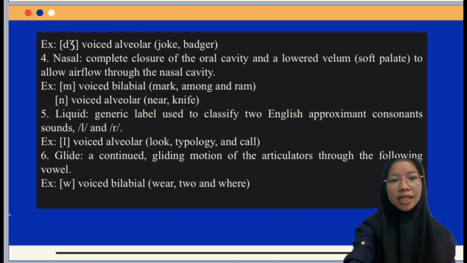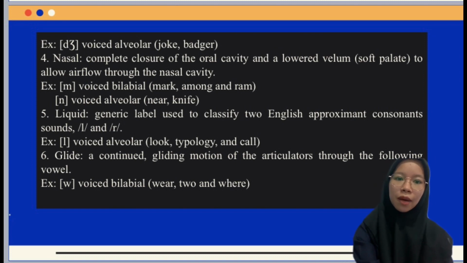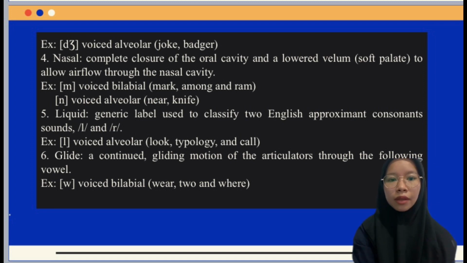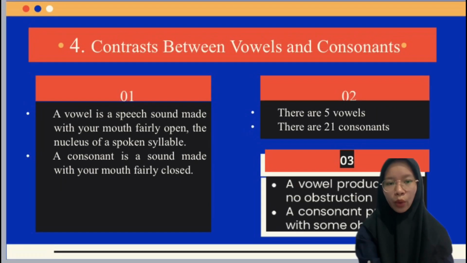And five is liquid, a generic label used to classify two English approximate consonant sounds, L and R. Example like L, voiced alveolar, like look, typology, and call. And the last is glide, a continuous gliding motion of the articulators through the following vowels. Example like W, voiced bilabial, like where.